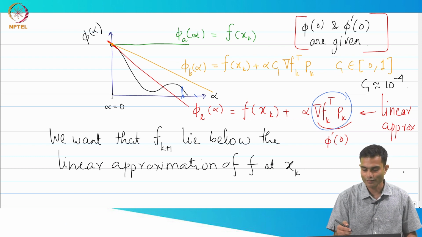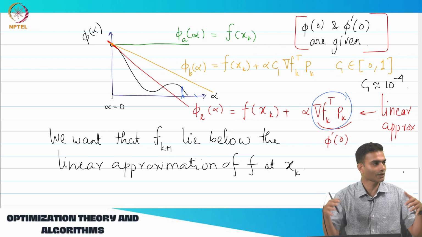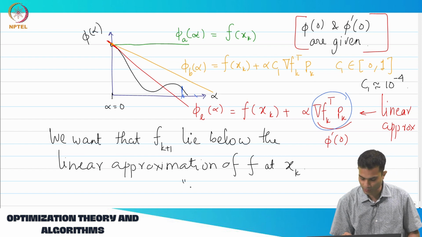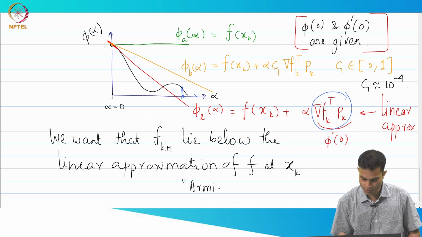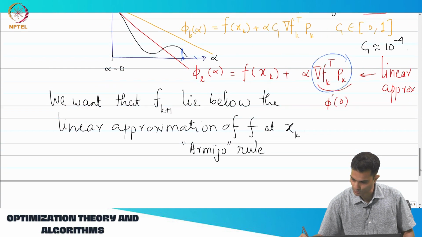So you can see that the orange line is going to allow more step lengths because more areas of the function are included. And this rule by itself is called the Armijo rule, just so that when you see it in the textbook you don't get confused.